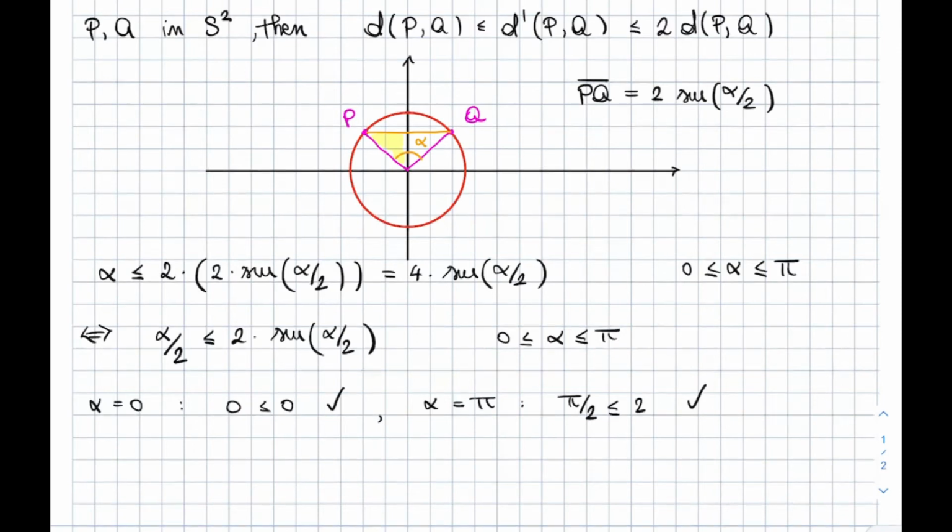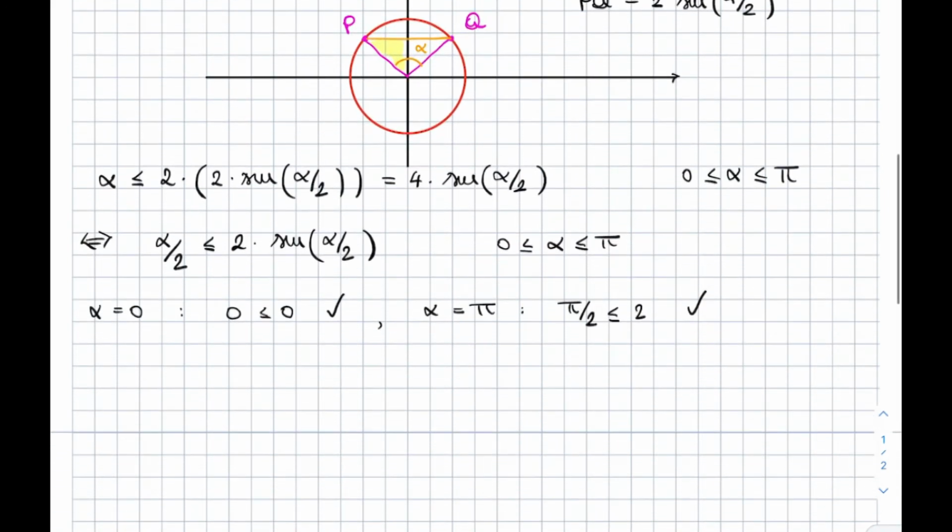So we have to prove the inequality only for alpha bigger than 0 and smaller than pi, which means that we can divide by sine of alpha divided by 2, and the previous inequality is equivalent to prove that alpha divided by 2 multiplied by 1 over sine of alpha divided by 2 is smaller or equal than 2.